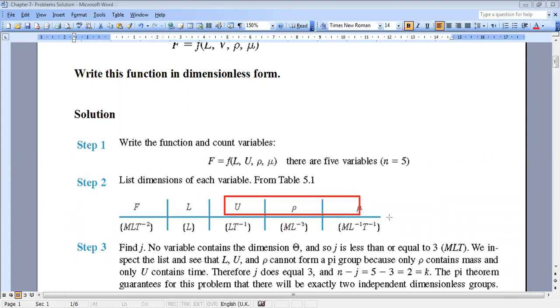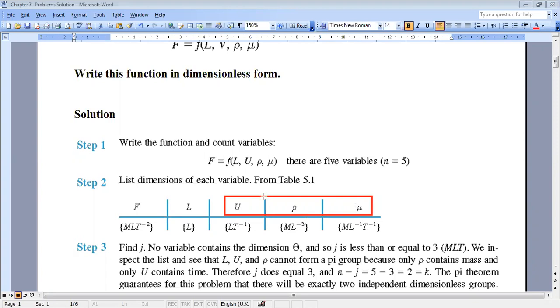Here it's not very clear whether they can form a group or not, because I have M in two places, in rho and in mu, and I have T in U and in mu. So maybe they can form a group, maybe not.